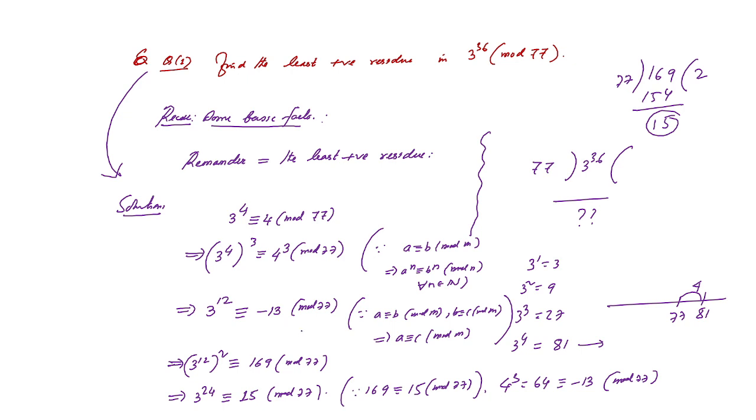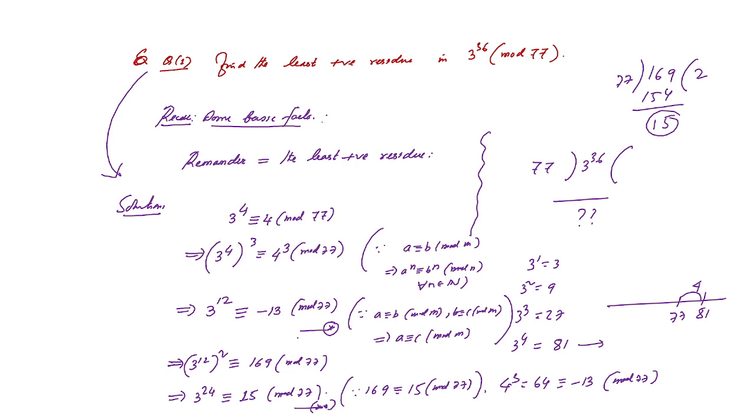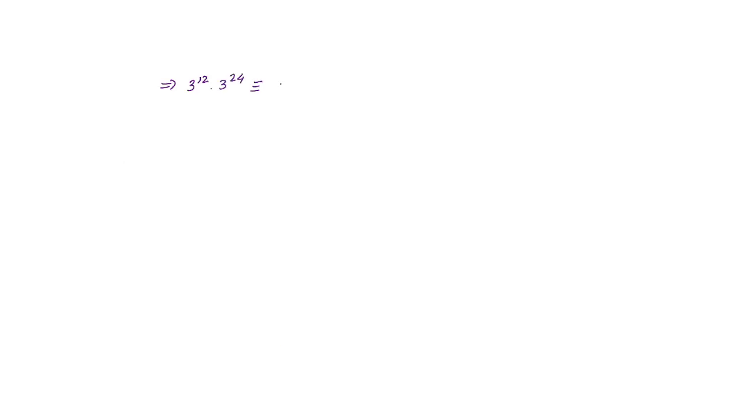Now we think of this as star and this as double star. So we multiply: if A is congruent to B and C is congruent to D, then AC is congruent to BD. So what can we write? Here we can write 3 to the power 12 multiplied by 3 to the power 24 congruent to minus 13 times 15 modulo 77.